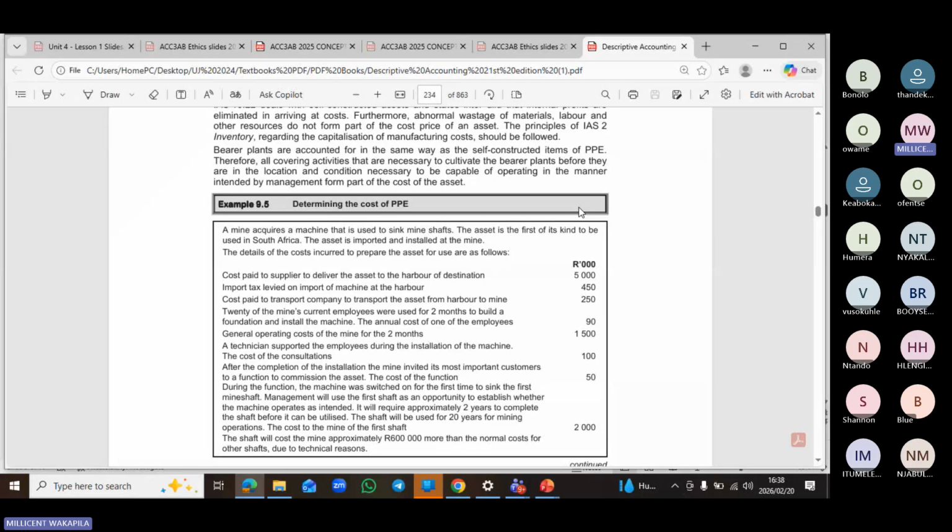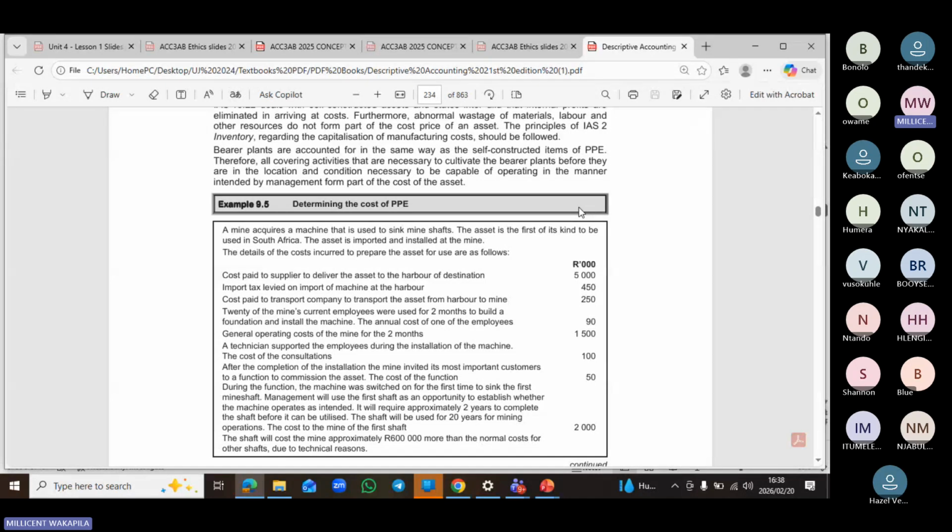So the depreciation, let's say that you are constructing a factory and you are using those things for only part of the year. Let's say that you calculated depreciation for the full year, and which means every month you're charging a depreciation of 10,000 rand.